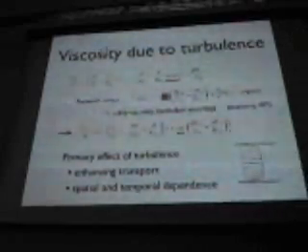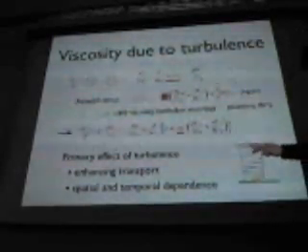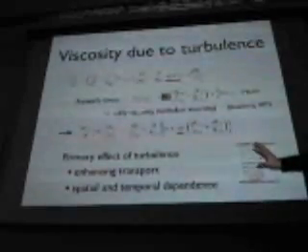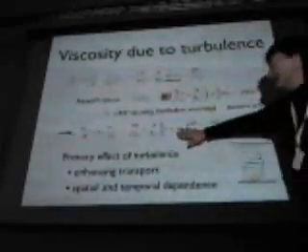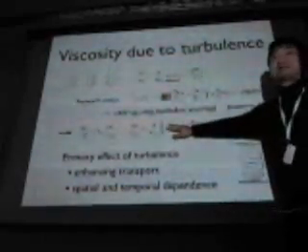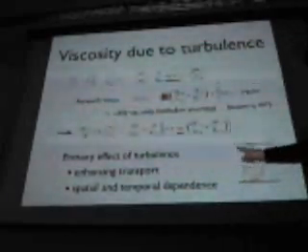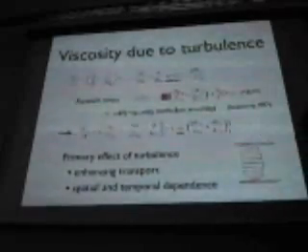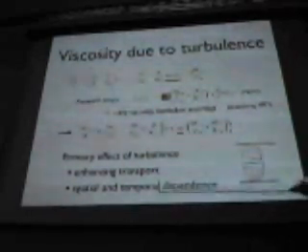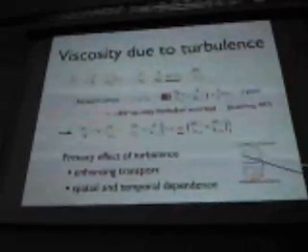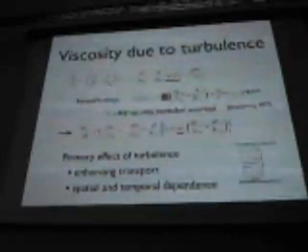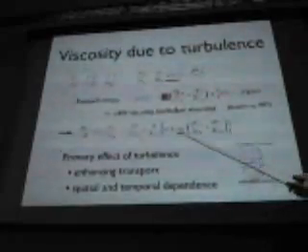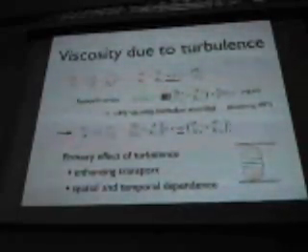Then we have this type of very flat profile in the main part. If we only multiplied the molecular viscosity, we would still have a parabolic profile. So this type of spatial dependence is very important, and it comes from the turbulent viscosity.